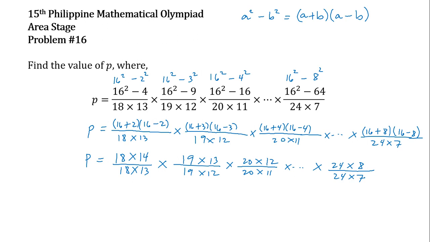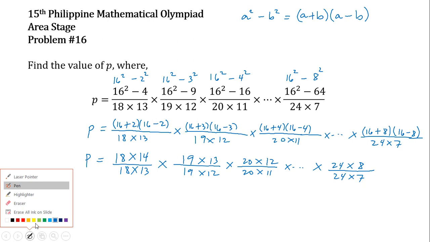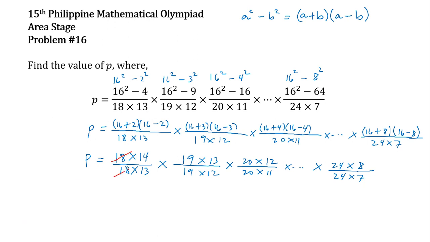Okay, so there are so many common factors in the denominator and numerator that we can cancel. For instance, we can cancel 18, 19, all the way to 24. We also have 13, 12, up to 8.